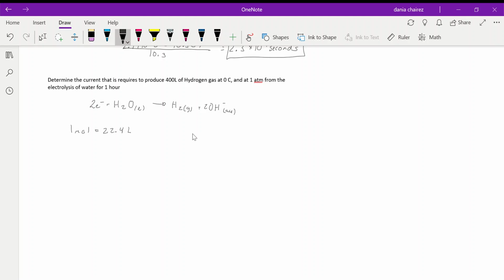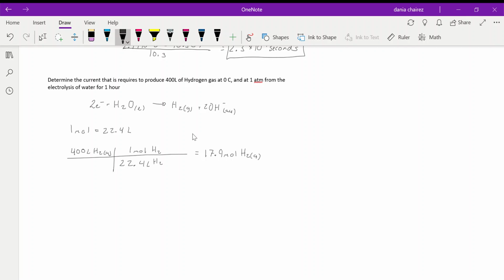So if we have 400 liters of H2 gas, it's a short conversion, because we're just going to turn it to moles and then continue. So in 22.4 liters we have 1 mole of H2, which should be equal to 17.9 moles of H2 gas.